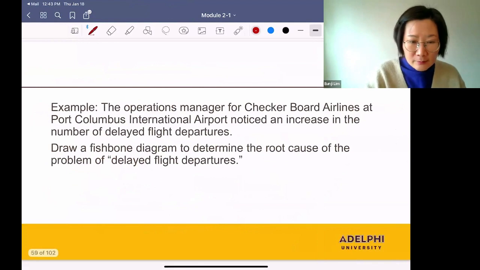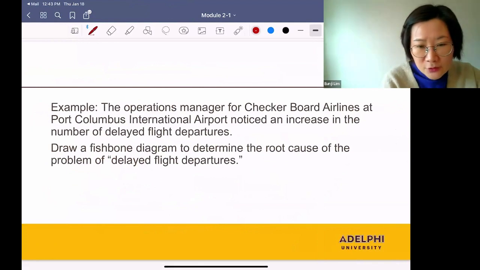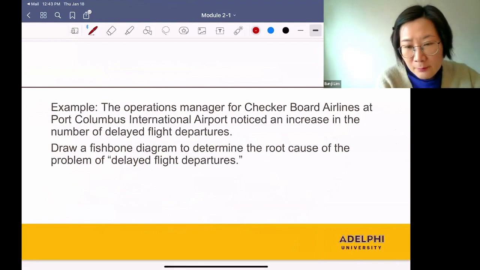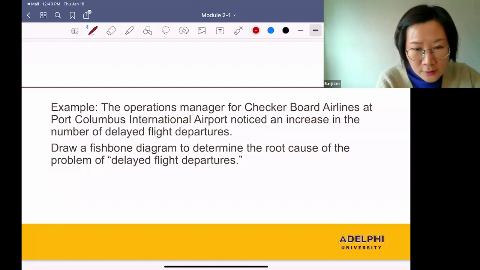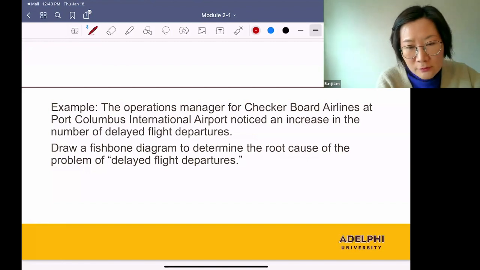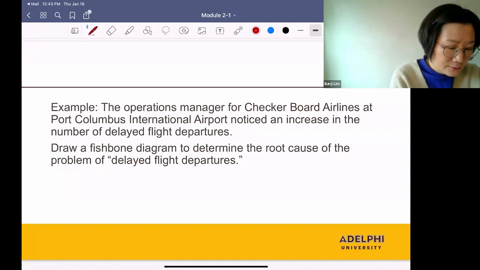So let's take an example. The operations manager for Checkerboard Airlines at Port Columbus International Airport noticed an increase in the number of delayed flight departures. Draw a fishbone diagram to determine the root cause of the problem of delayed flight departures.